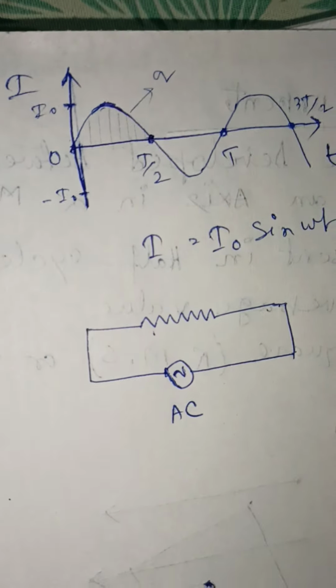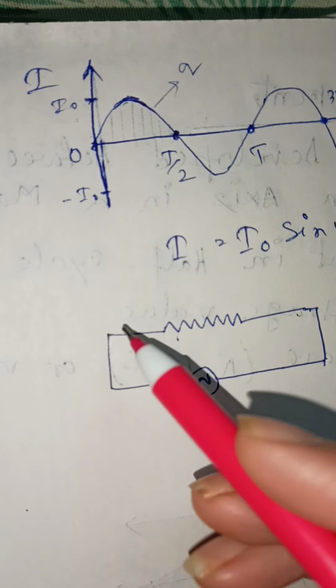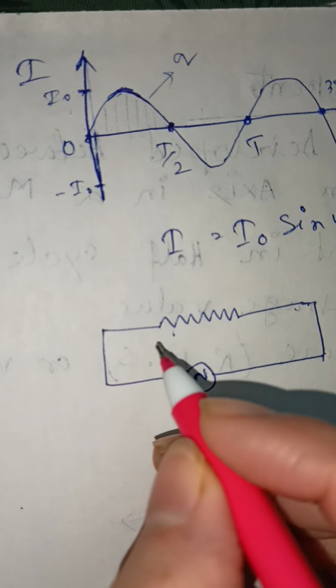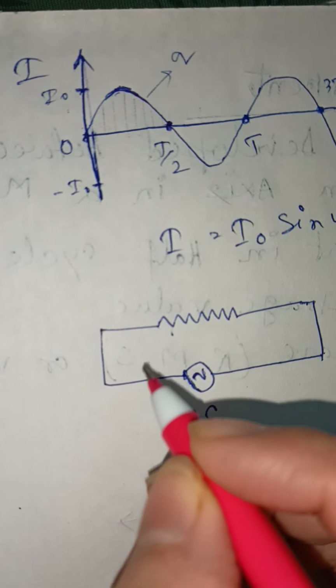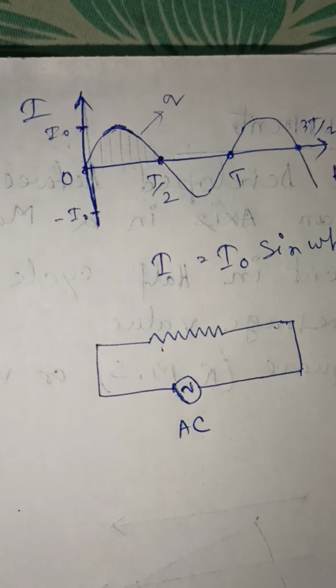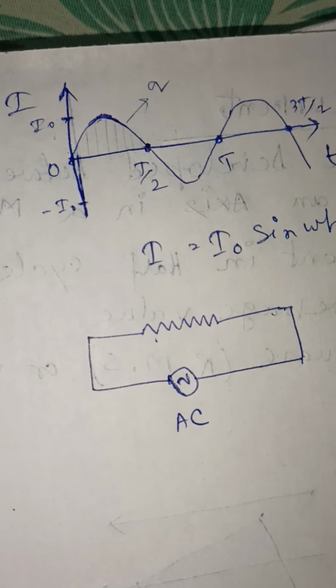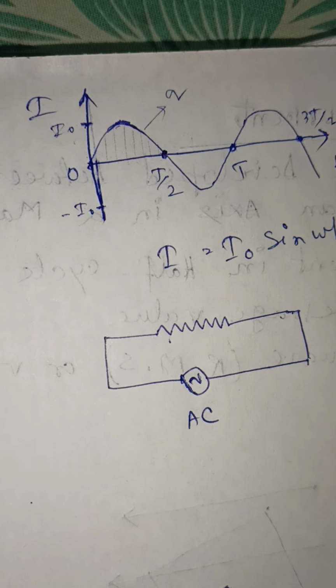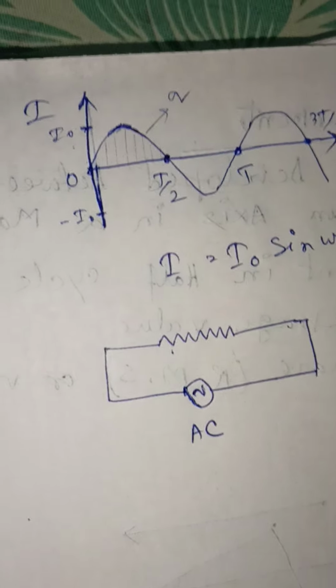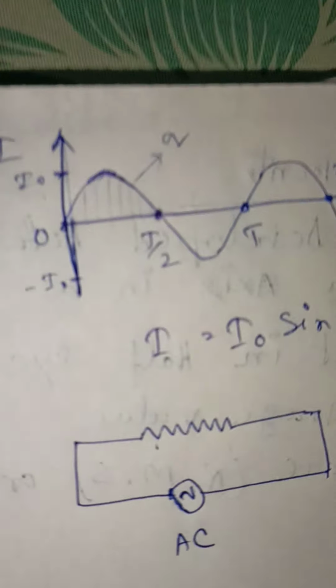Then if for half cycle, suppose the current, this is half cycle, right?